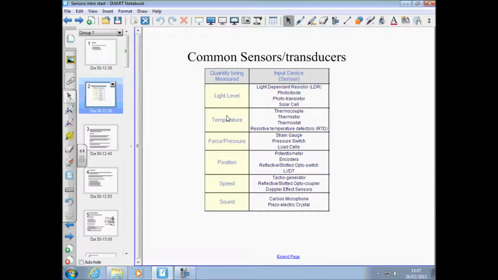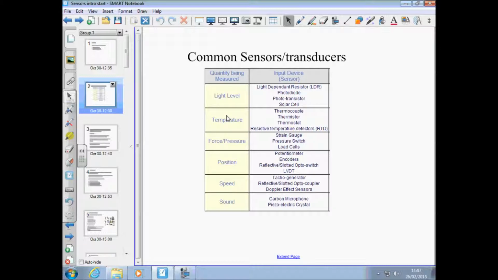Depending on the quantity we want to measure, we can measure things like light level, temperature, force, pressure, position, speed and sound. And in each of those there's quite often a wide range of sensors available to measure. For instance, temperature: we've got thermocouples, thermistors, thermostats and resistance temperature detectors, to name but a few.